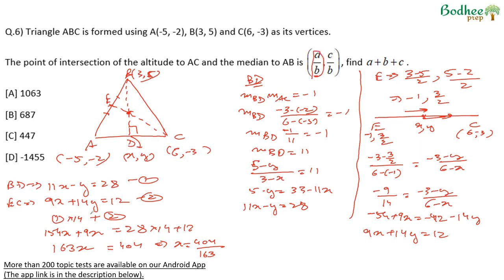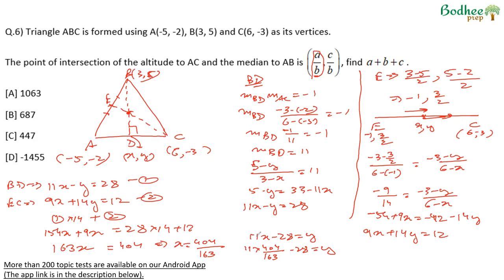Now we are looking at c, so we put the values. Suppose we substitute in the first equation: 11x - 28 is equal to y. 11 into 404 upon 163 minus 28 is equal to y. Calculating this, 11 into 404 is 4444, and 163 into 28 will be 4564.